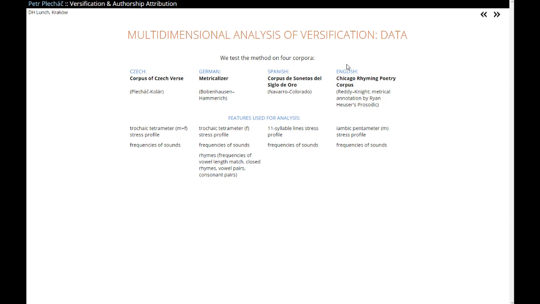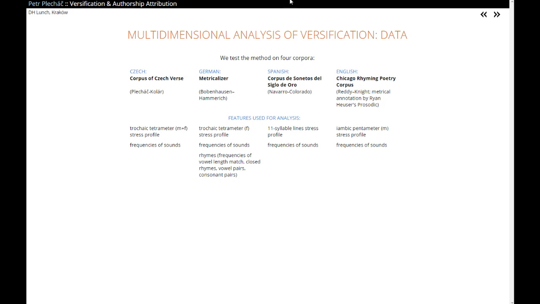And the Spanish and English corpora are much smaller. Spanish has some 5,000, as does English. But once again, I don't really want to generalize. These are the entire corpora from which we picked samples.